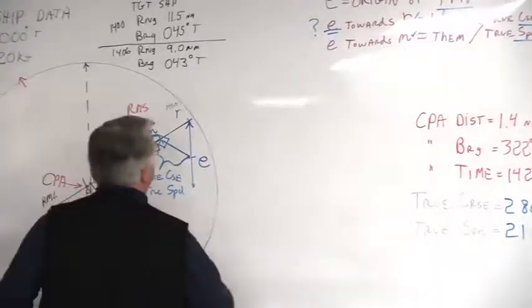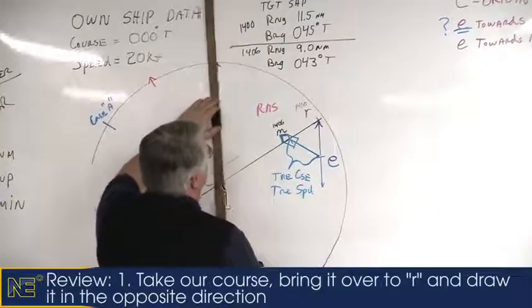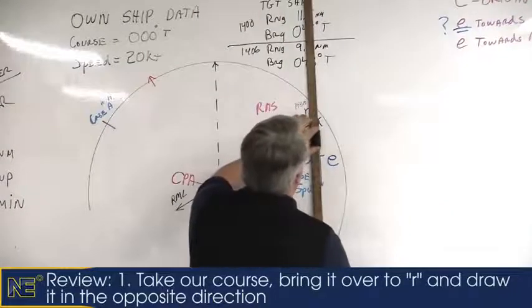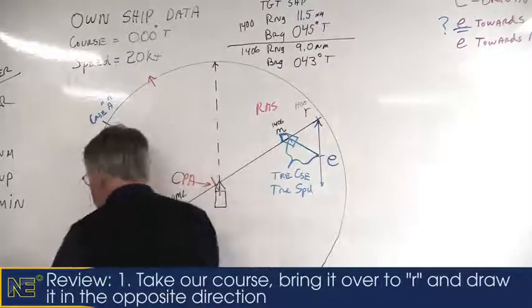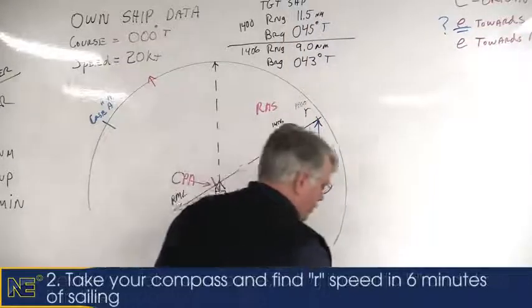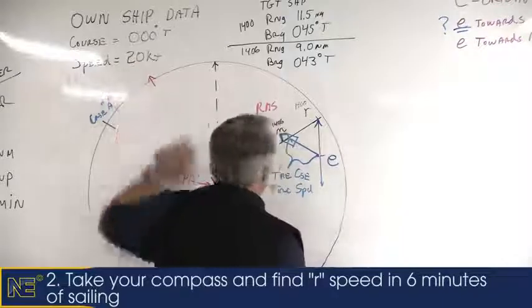So quickly to review, we're going to take our course, we're going to bring it over to R, and we're going to draw a line in the opposite direction. Once we draw that line, we're going to take our compass, find our speed in 6 minutes, which in this case was 2 nautical miles.